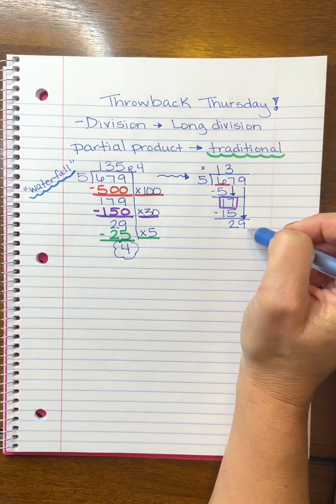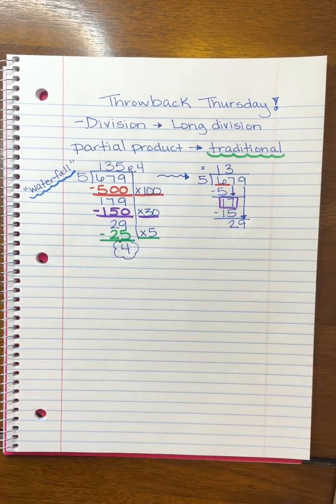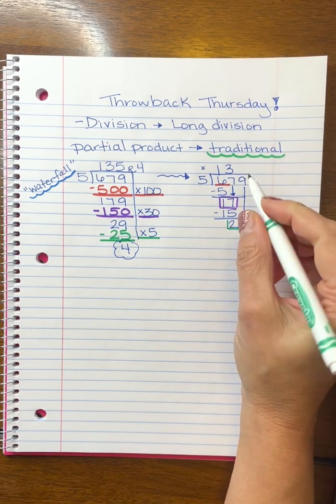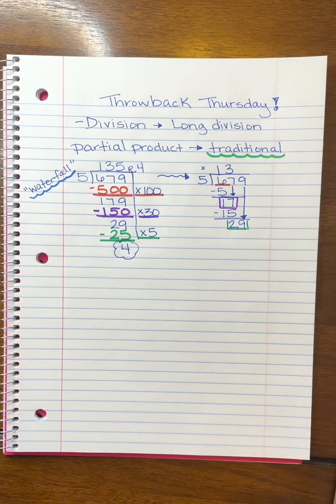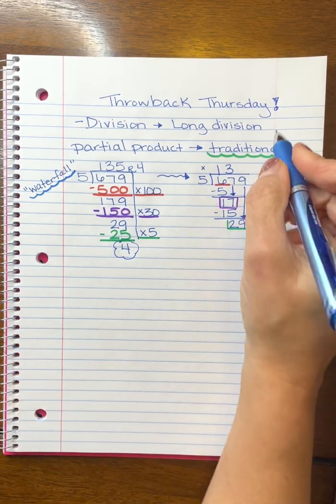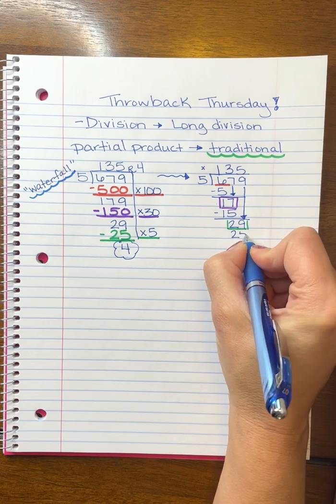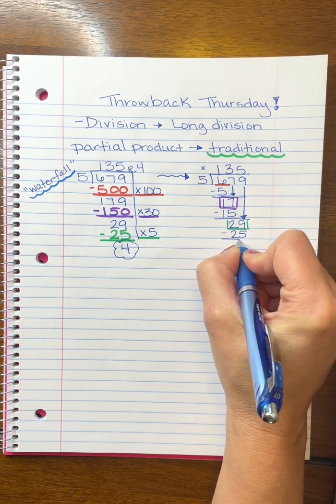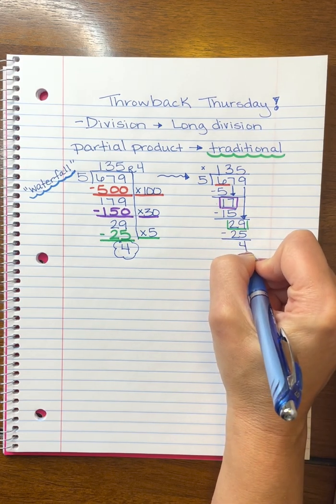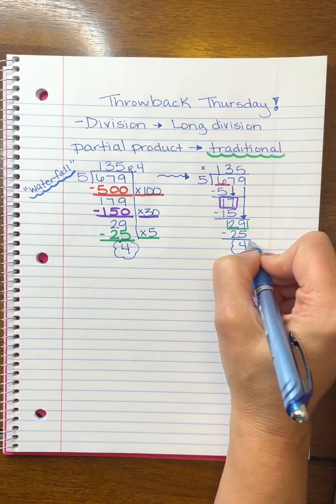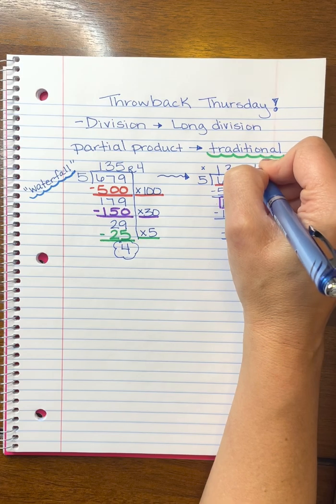Now I have 29. So how can I get to 29? 5 times 5, which we already talked about over here, will give me 25. I subtract that, I get 4. I don't have any other digits to bring down, so 4 is my remainder.